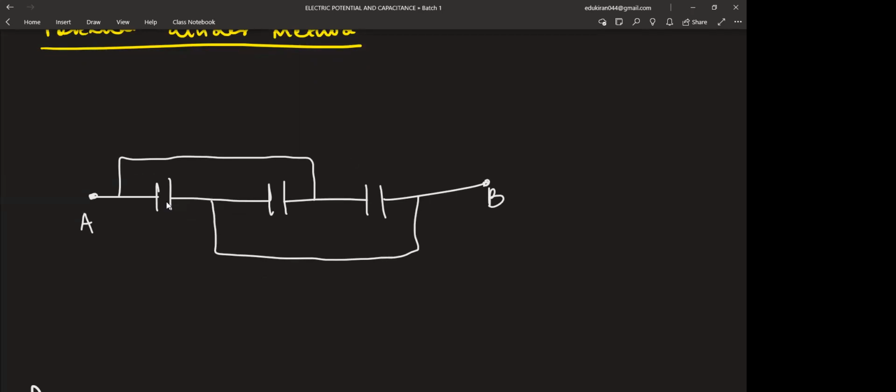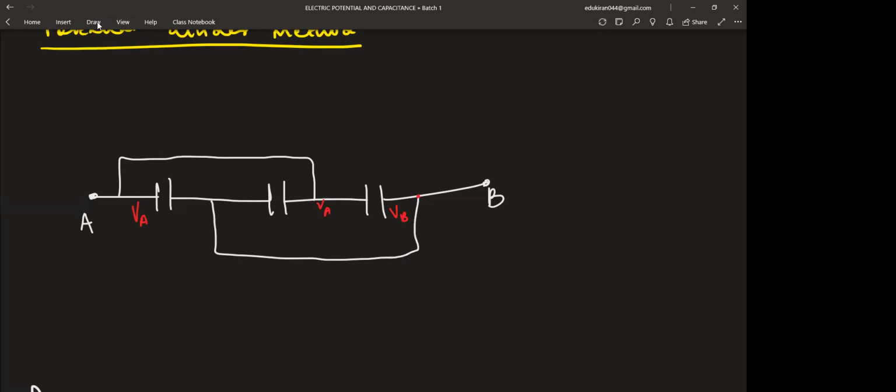Write down the potential of every term which is mentioned. Look, if this is point A, here the potential will be VA, right? And this is potential VA, VA, VA. Now look, suppose this is point B. So from here the potential is VB, and this is VB, VB, VB.